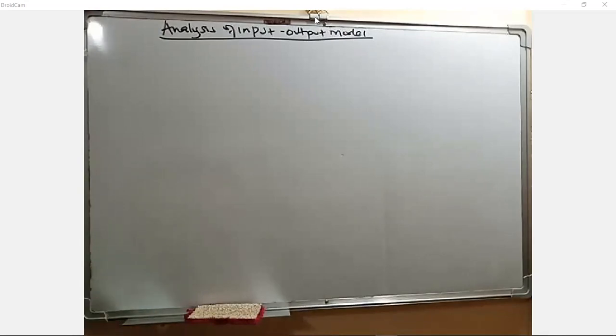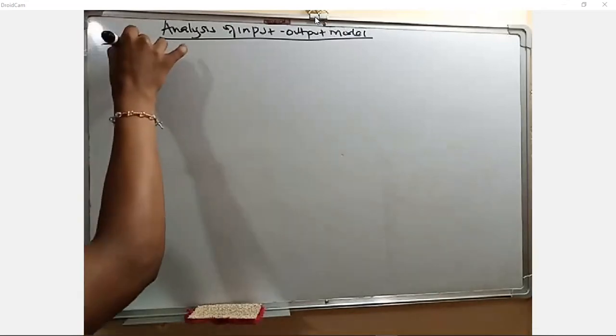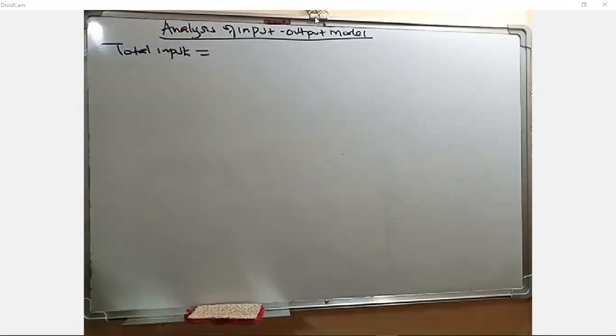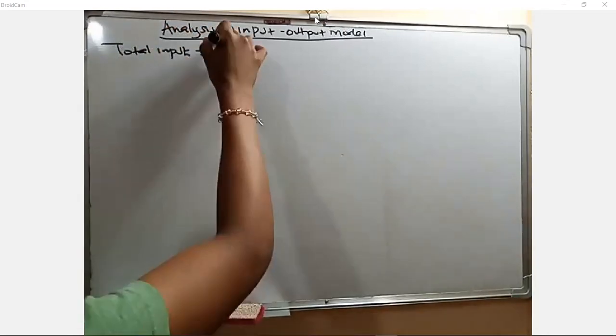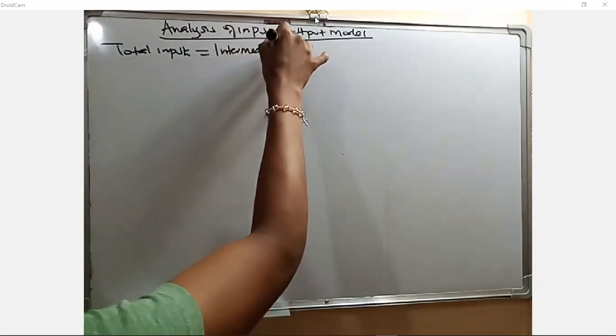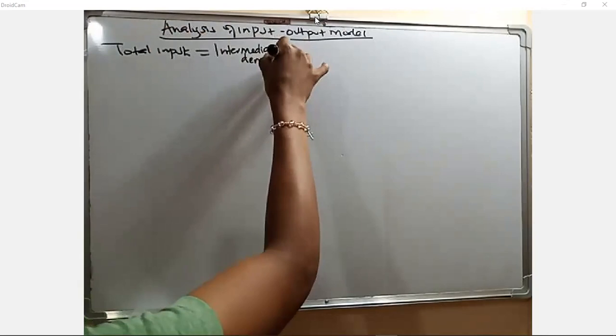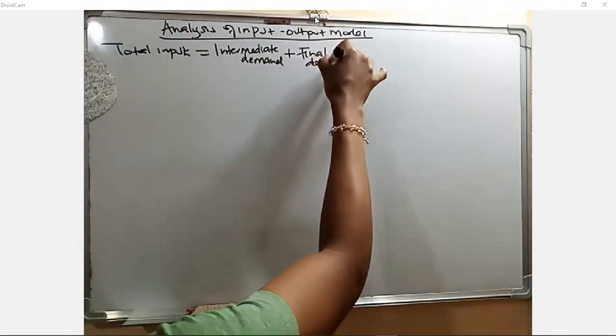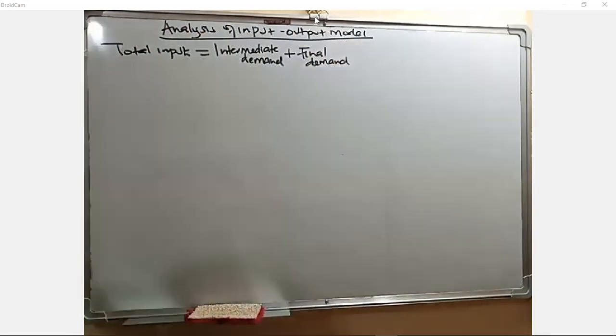There are no losses. So for the total input, we are going to take intermediate demand plus final demand.